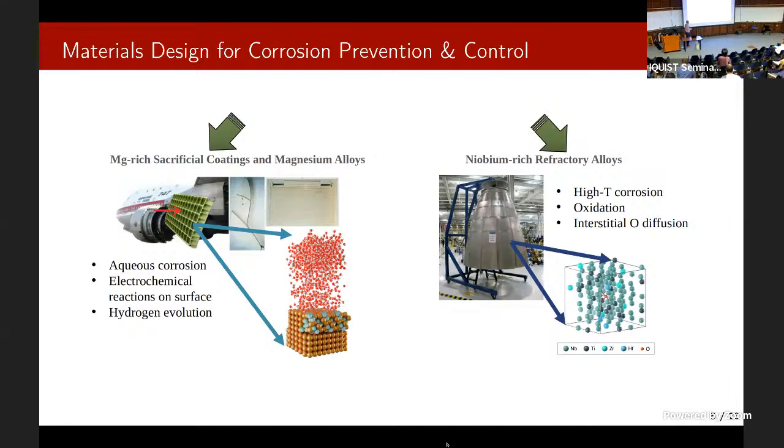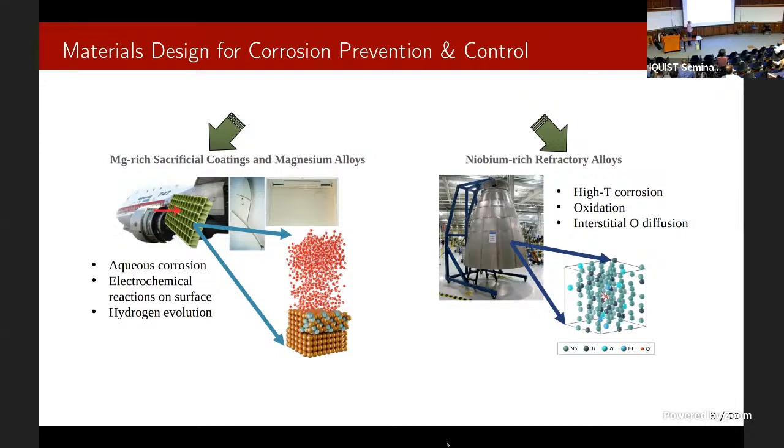This is an aqueous procedure, so it happens in wet environments, and it's primarily affected by electrochemical reactions on a surface, and it can really be described as a hydrogen evolution. There are other types of corrosion, which I won't talk about in depth in this talk, but just to give you the scope of the problem, it's not just magnesium and water.